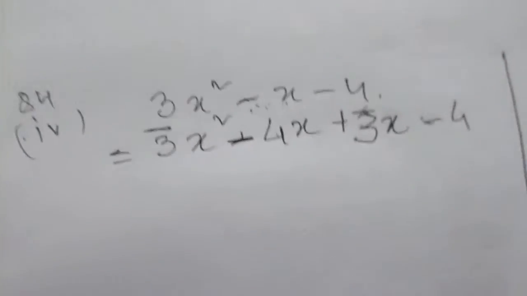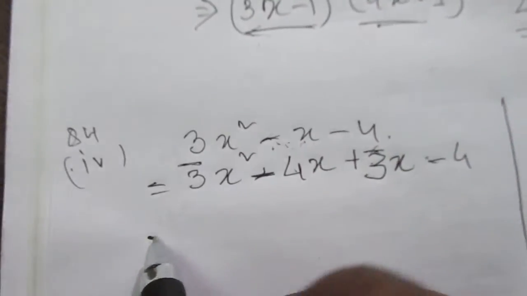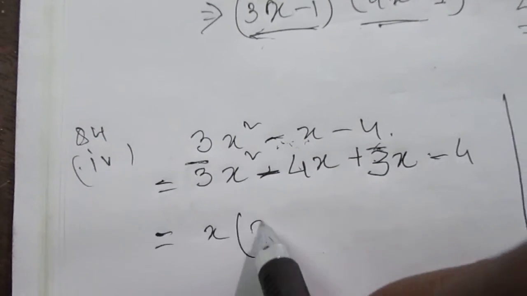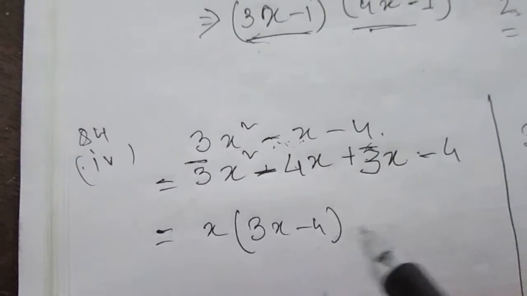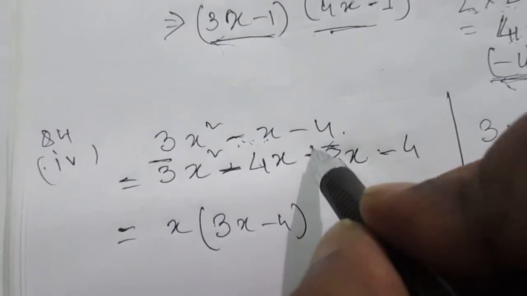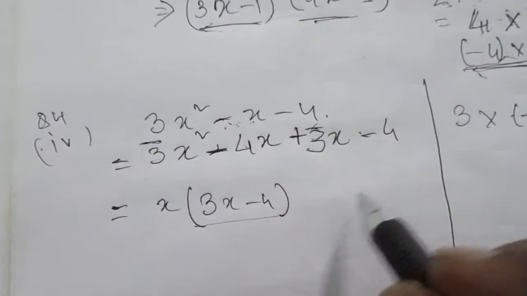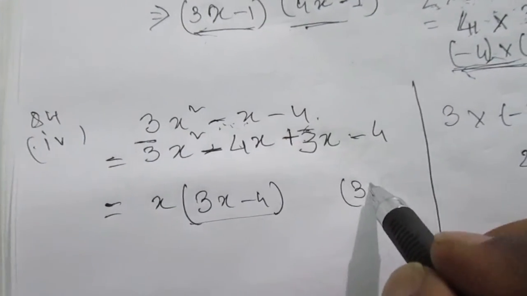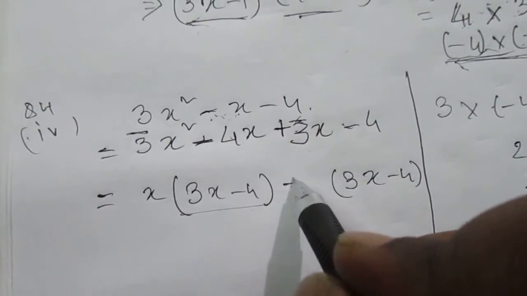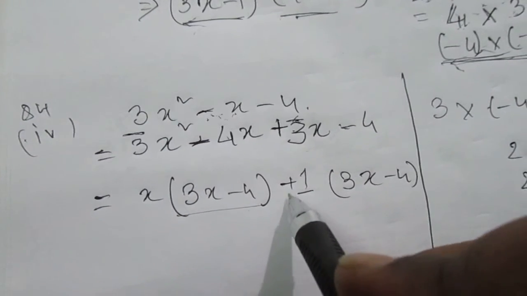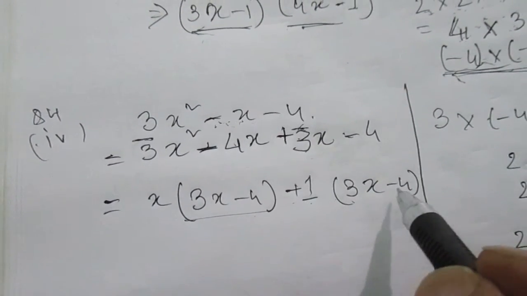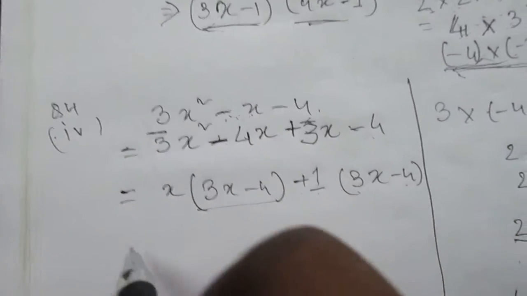Now I have split the middle term, so I will take common. We can take x common: x into 3x minus 4. As I have taken 3x minus 4, I have to take 3x minus 4 again. So plus 1 into 3x is plus 3x, and plus 1 into minus 4 is minus 4.